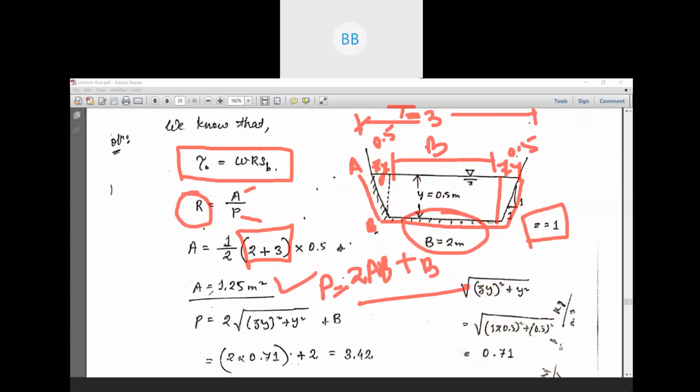See, area you are getting 1.25 meter square. And how much you got weighted perimeter? 3.42 meter.